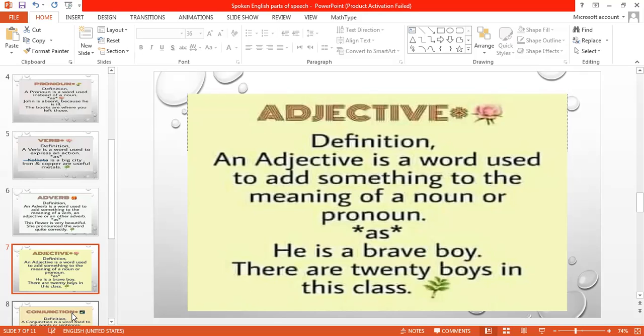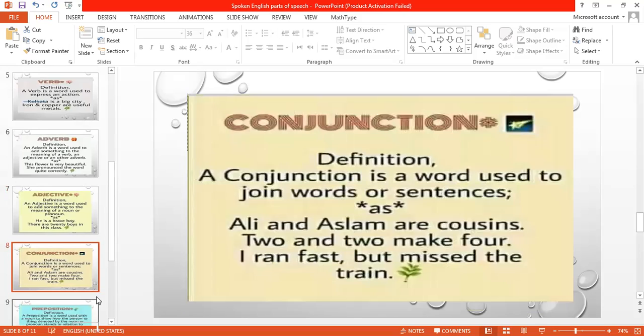Then we come to the next part of speech, that is conjunction, and they are very important. Conjunctions are the words that are used to join sentences, and even phrases, and even words and strings. Ali and Aslam are cousins. 2 and 2 make 4.